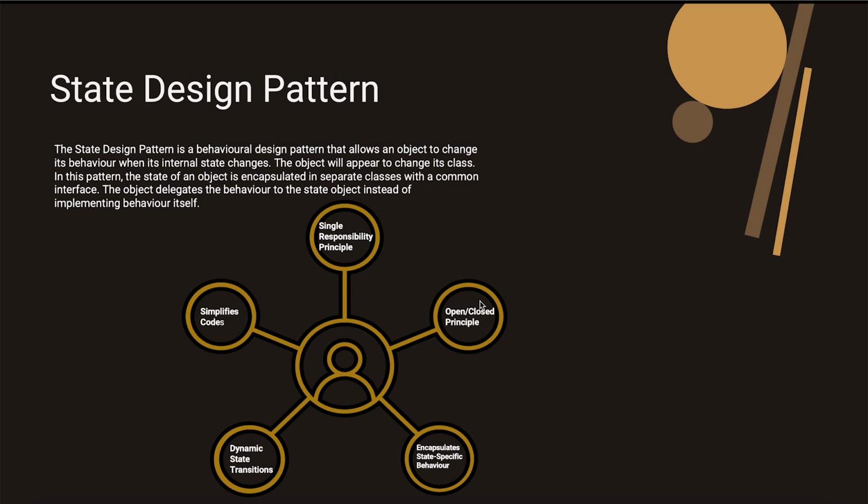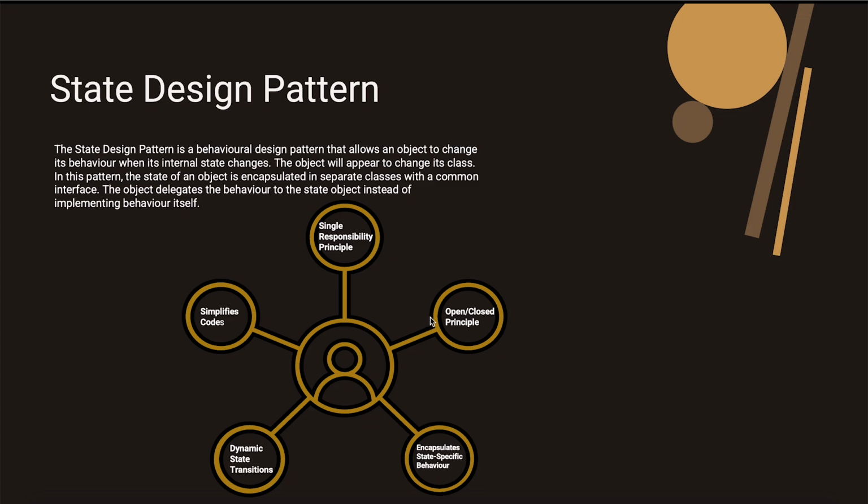And now let's just talk about the state design pattern. It's not one of the main pillars of object-oriented programming, but it's an important concept that we can learn about to plan different projects of different sizes.